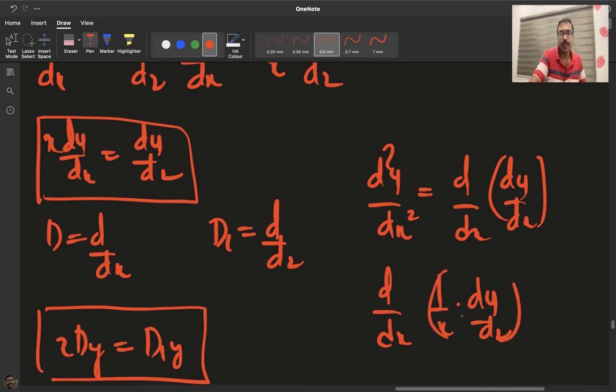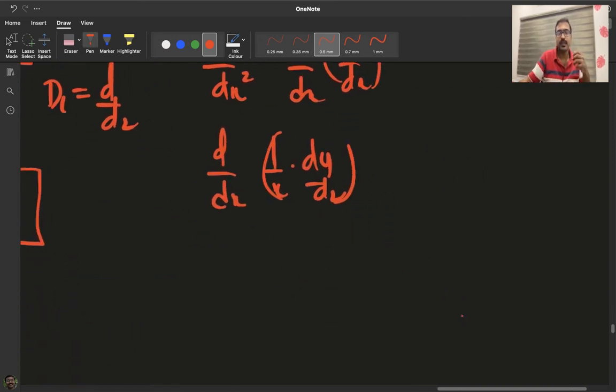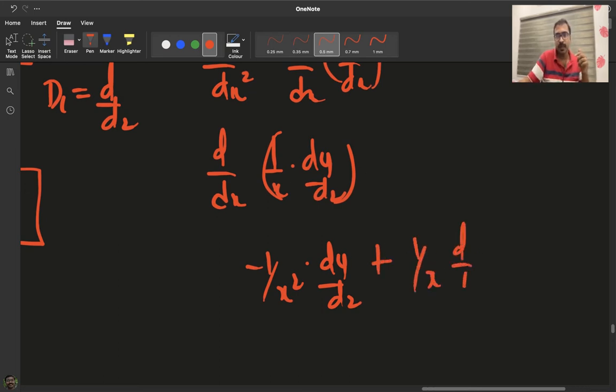If you apply the product rule, you get minus 1 by x square into dy by dz, plus the first function times the derivative of the second, d by dx of dy by dz.